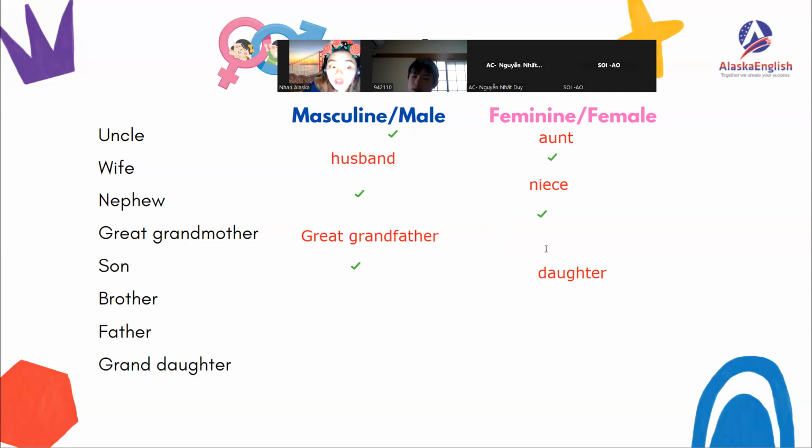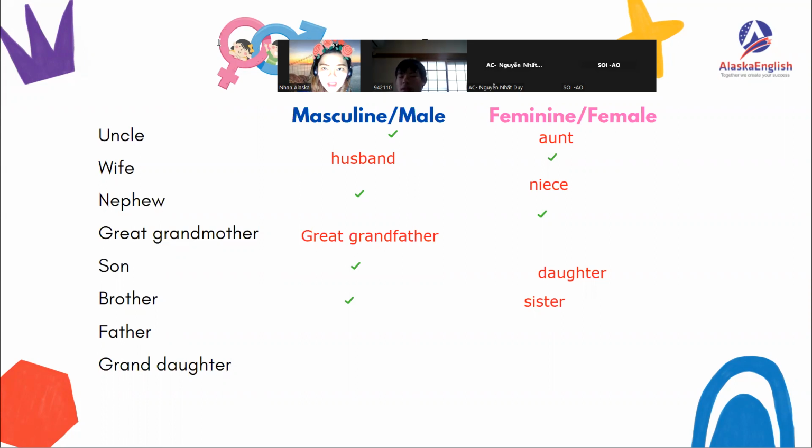So son, daughter. How about this? Brother, male or female? Male. Who is the opposite of brother? Sister. Okay, sister. Next we have here father.